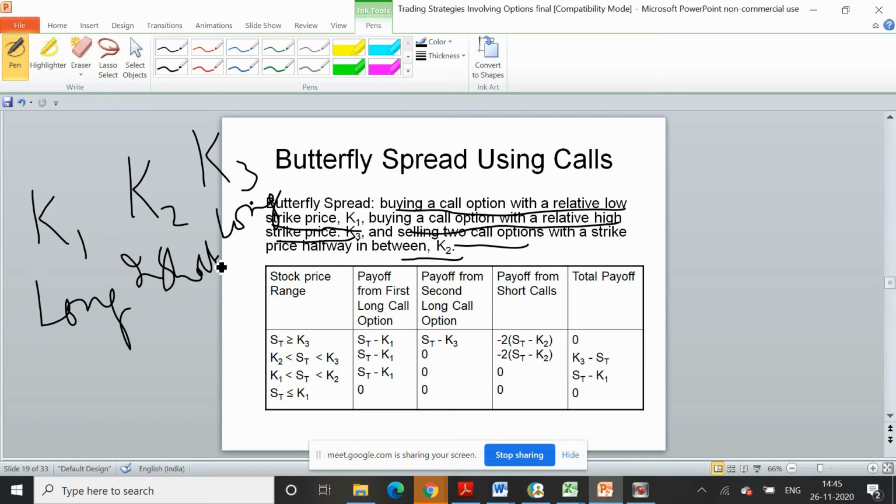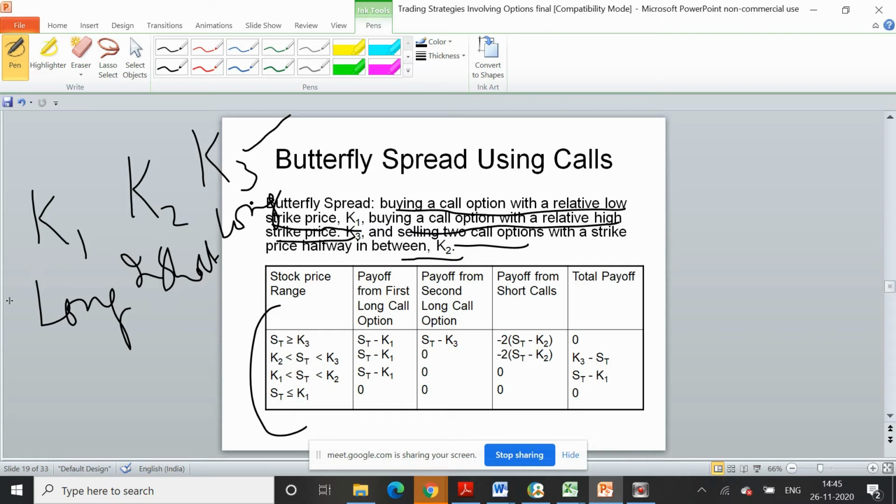So you have the payoffs for all the scenarios. Now you have to see whether the spot price is going beyond K3, or less than K1, or lying between K1 and K3.